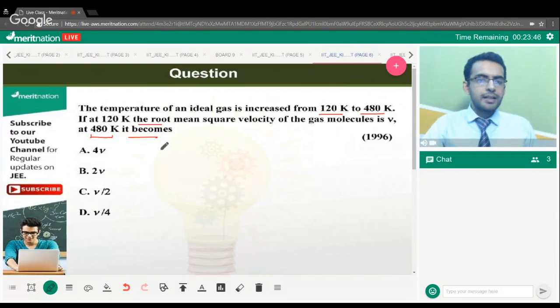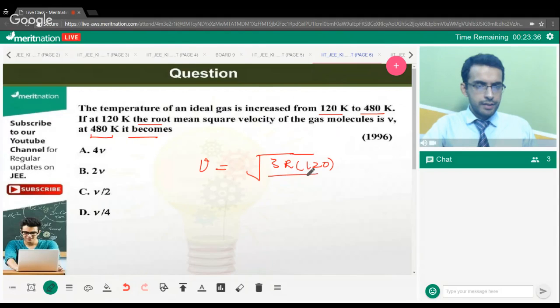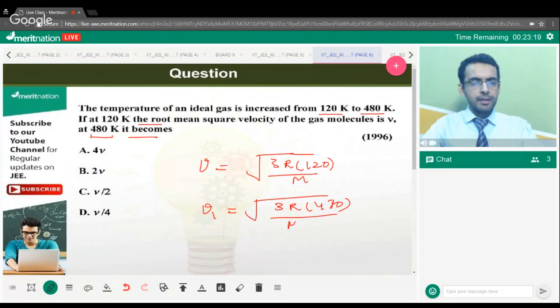You can understand that small v is equal to under root of 3R into 120 divided by capital M. So let's say for the other temperature, VRMS will be V1. That's equal to square root of 3R into 480 divided by capital M. Just divide them.